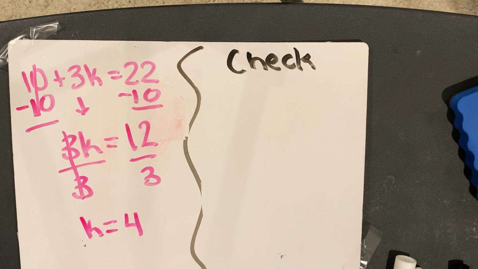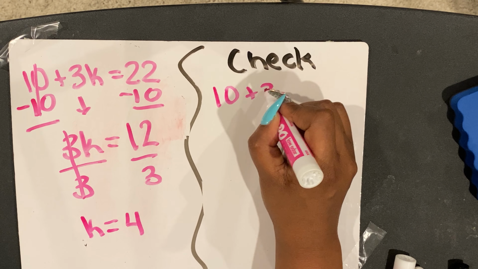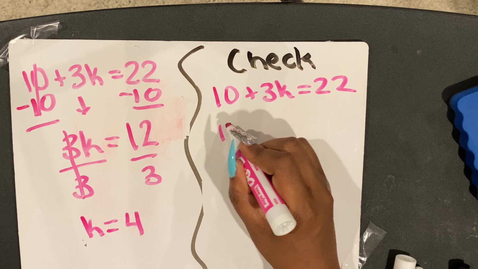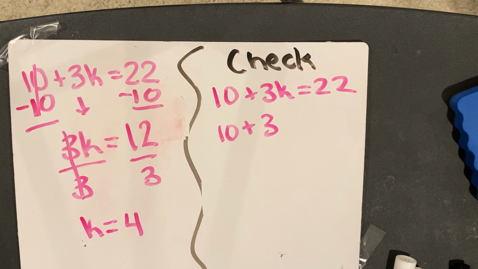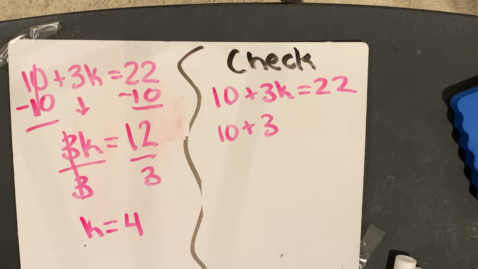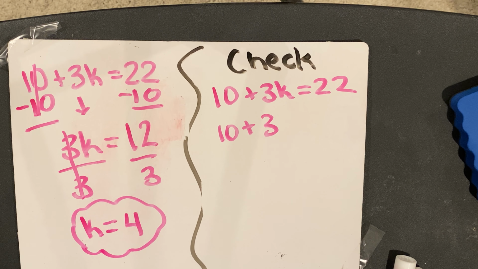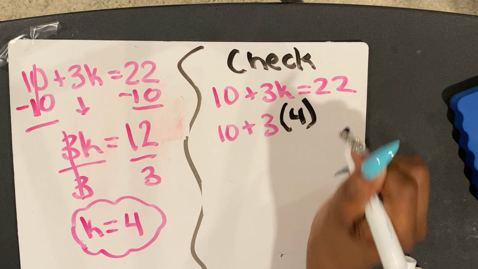The way you check your answer is you are going to rewrite the equation. And when you start to solve it, instead of putting in the letter K, I am going to put the answer or the value that I found for the letter K. The value is a 4.